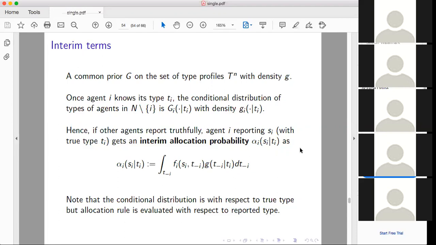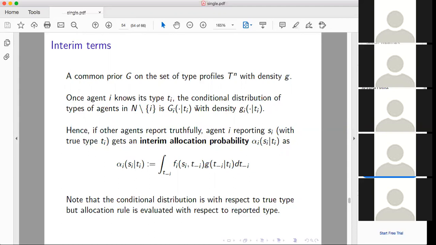Nature draws types using this capital G and informs every agent its own type, Ti. So agent i knows his type Ti. Because G is common knowledge, having observed your own type, you have a conditional distribution over the types of other agents. That is denoted by Gi. So Gi conditional on Ti is the conditional distribution of agent i over the types of n minus i, and it has a density small gi.